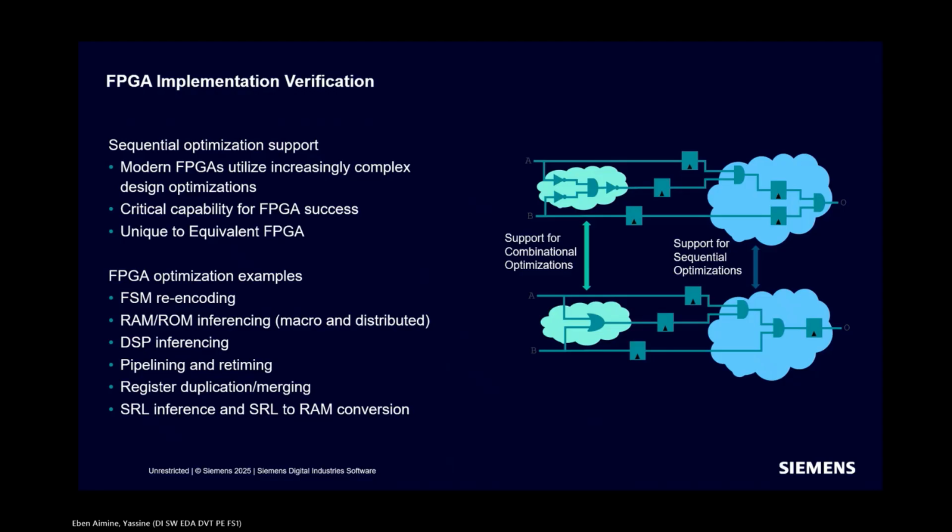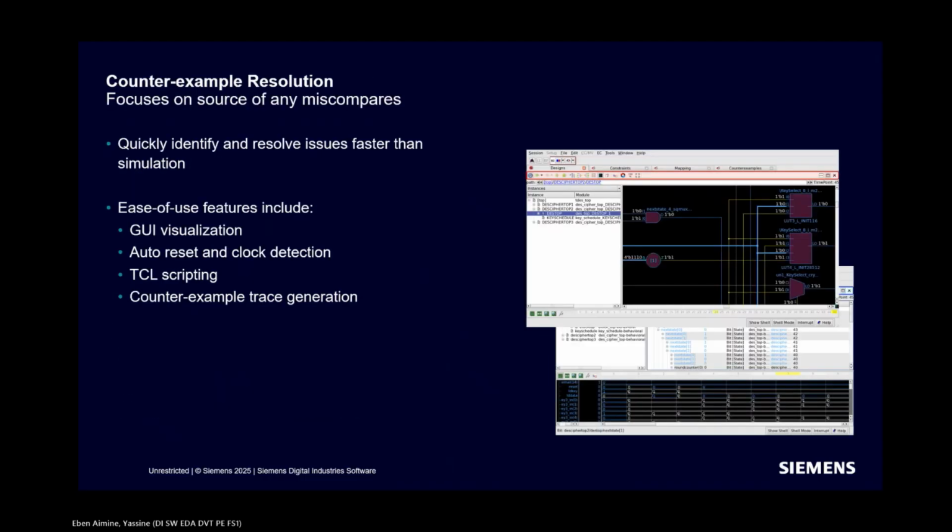Some of the optimizations would break LEC out of the box, which you have to deal with. There's a lot of clever stuff that you have to do to be able to reverse engineer. You need to understand how the design was modified sequentially to work out whether things are equivalent or not. And for that, you need a partnership with the device providers, the likes of AMD, the likes of Lattice, and so on.